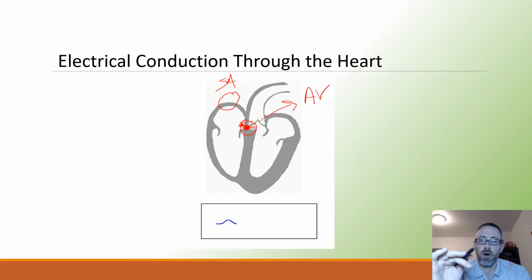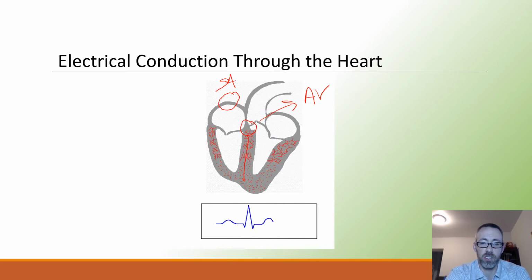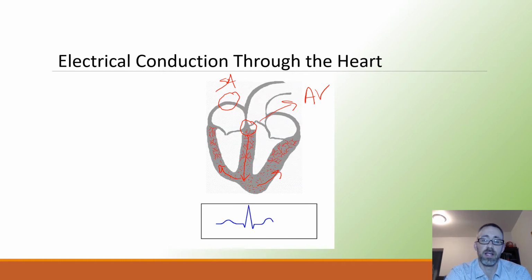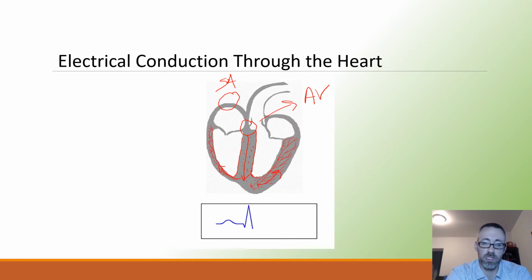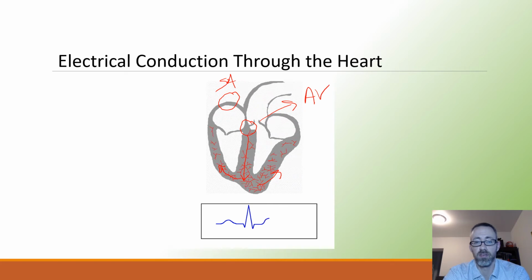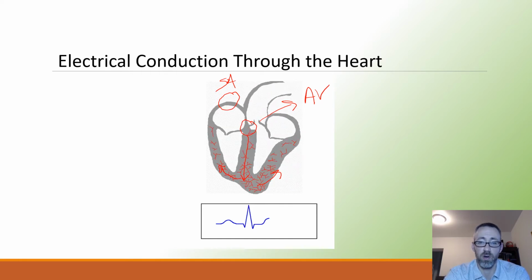There's a little bit of a pause there, and then when the AV node fires, it sends the signal down the interventricular septum towards the apex and then up the walls via the Purkinje fibers. So remember, connected to the AV node is the bundle of His, then there's a left and right bundle branch, which reach to the apex, and then you have the Purkinje fibers, which are intertwined with all the cardiac myocytes of the ventricular walls. And so you see that the contraction occurs at the apex and moves towards the base.